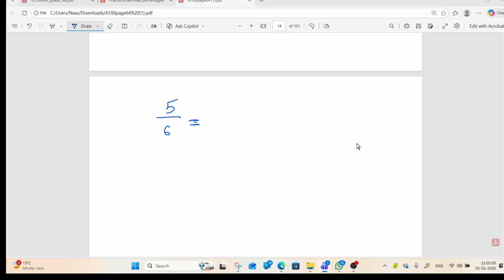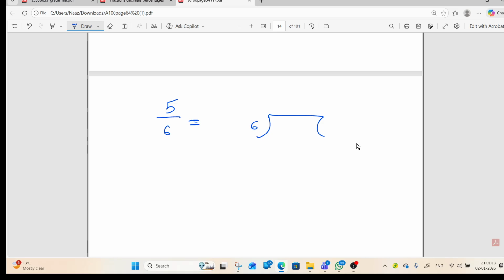Do it quickly. So 5 divided by 6, right? Exactly. Tell me what I should write here. What should be my first step?